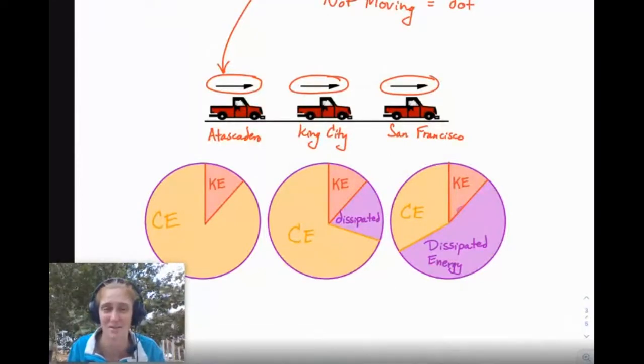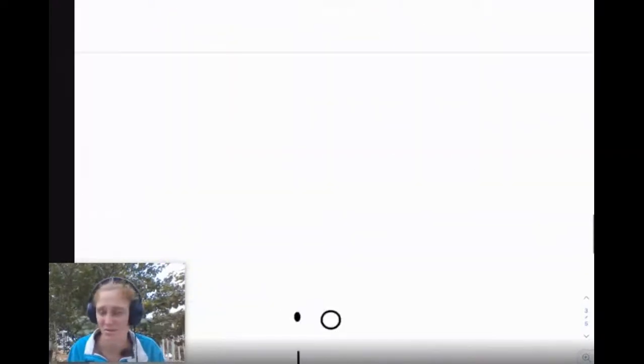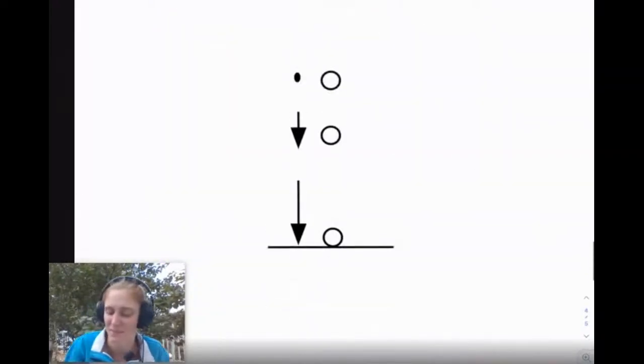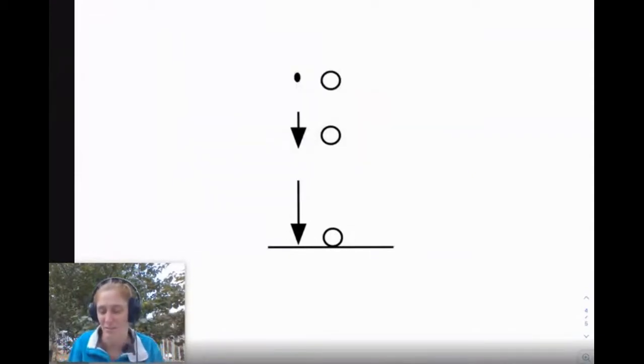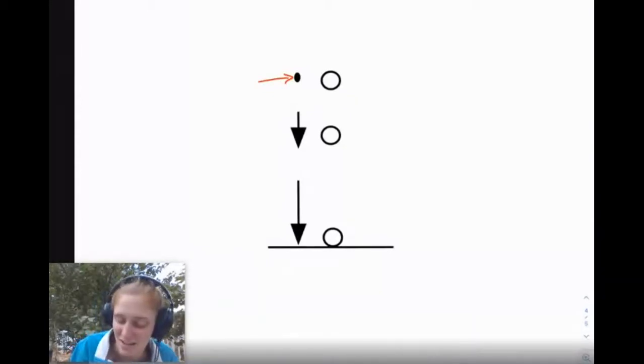So now we're going to go back and we're going to talk about another kind of energy. But first, I'm going to introduce this. So this is going to be our next example. With our next example, I want you to notice that this is just a dot. And the dot represents something that is not moving. Okay, so not moving at the top.